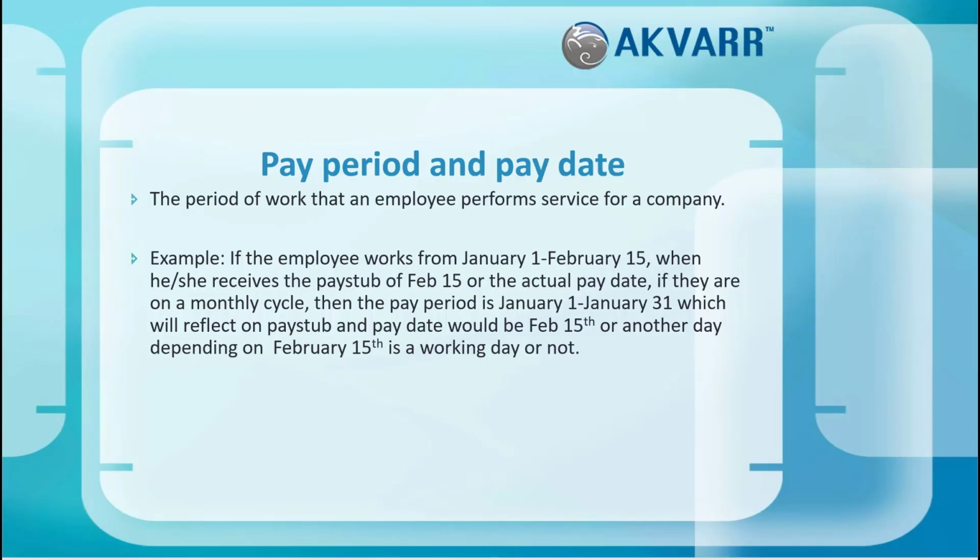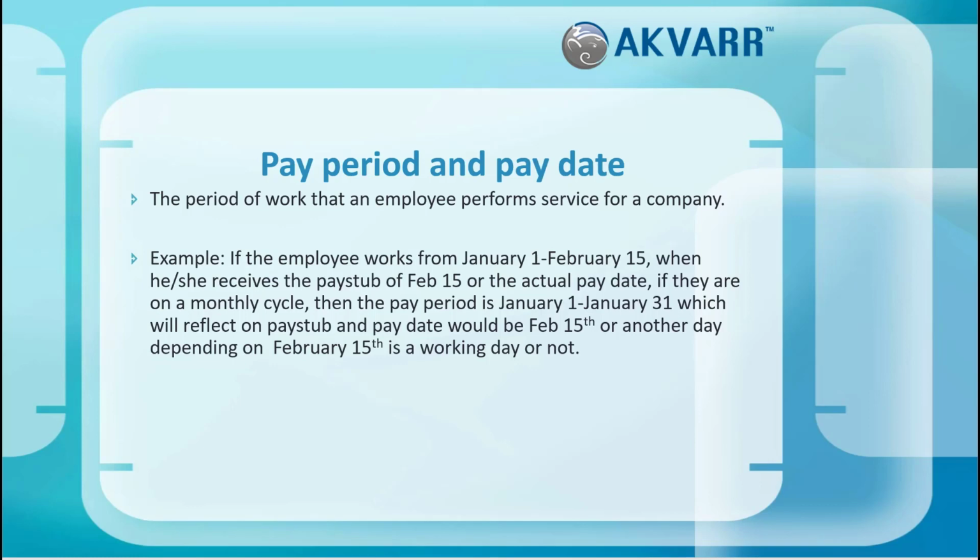So a paycheck has a pay period and a pay date. The period of work in which the employee performs service for the company is called a pay period, right? For example, if an employee works from January 1st to January 31st on a monthly cycle, they receive the paycheck on the actual pay date, February 15th, or sometimes February 13th if the 15th is, for example, a Sunday.